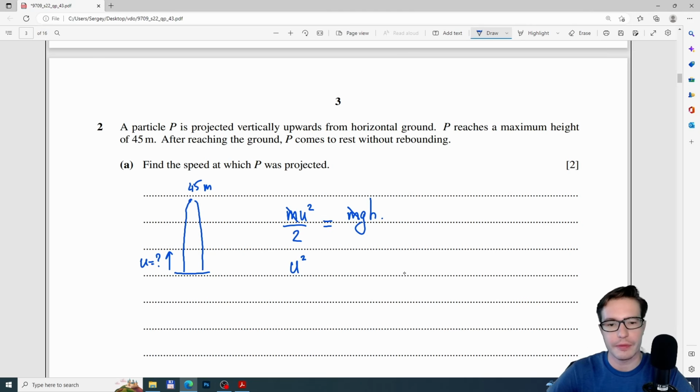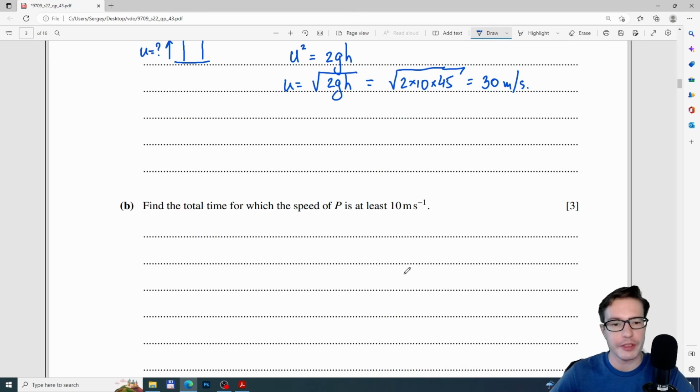So u squared equals 2gh, and we'll take the square root, and we'll get square root of 2gh. Now substitute all of that, and we'll get square root of 2 times 10 times 45, and that is going to be 30 meters per second.